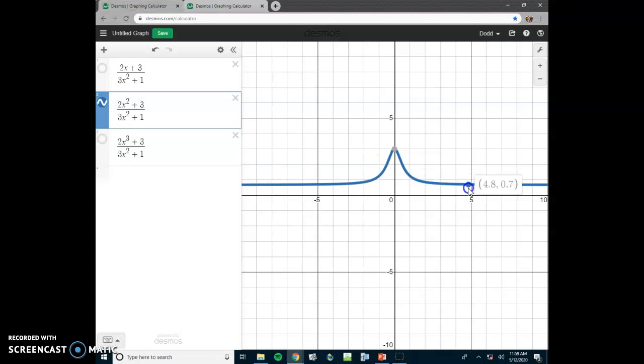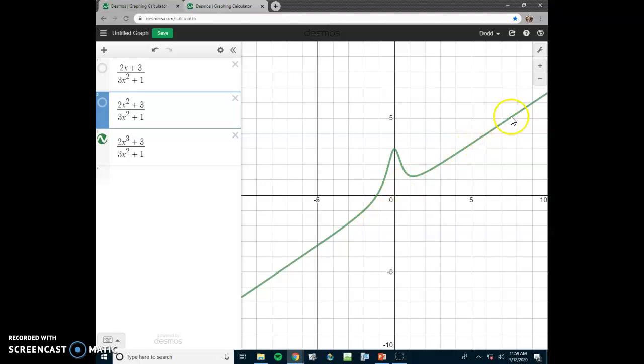Once again, it's going to get there pretty quickly, but as x gets super large out to the right-hand side, y is going to approach 2/3, the fraction of the leading coefficients. And finally, what does that last one look like, where the degree of the denominator is smaller? The numerator is going to continue growing, so you're going to have what's called a slant asymptote. So the limit is not going to exist when the degree of the numerator is larger.